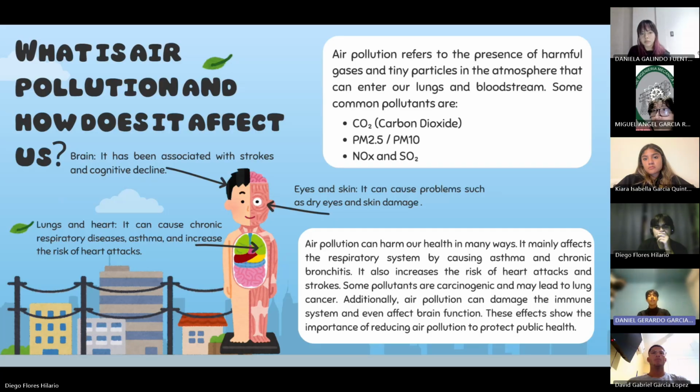There are three principal areas where this affects us. The first one is the brain. It has been associated with strokes and cognitive decline. Also, with the eyes and skin, it can cause problems such as dry eyes and skin damage. And finally, the lungs and heart. It can cause chronic respiratory disease, asthma, and increase the risk of heart attacks.